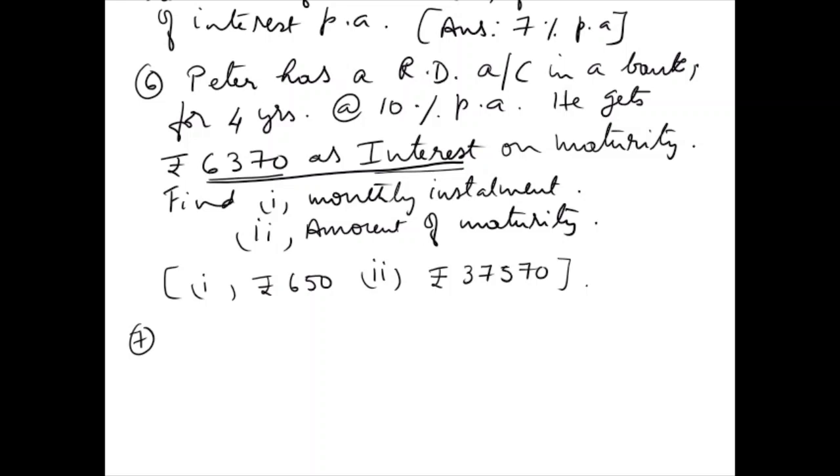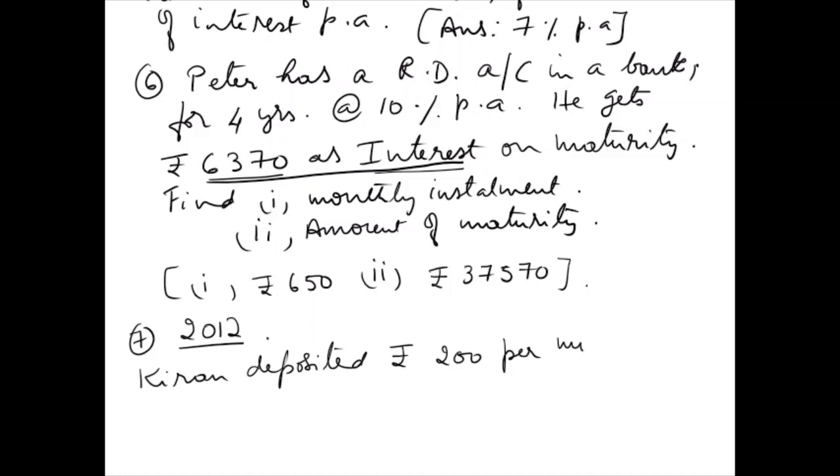Kiran deposited rupees 200 per month for 36 months in an RD account.